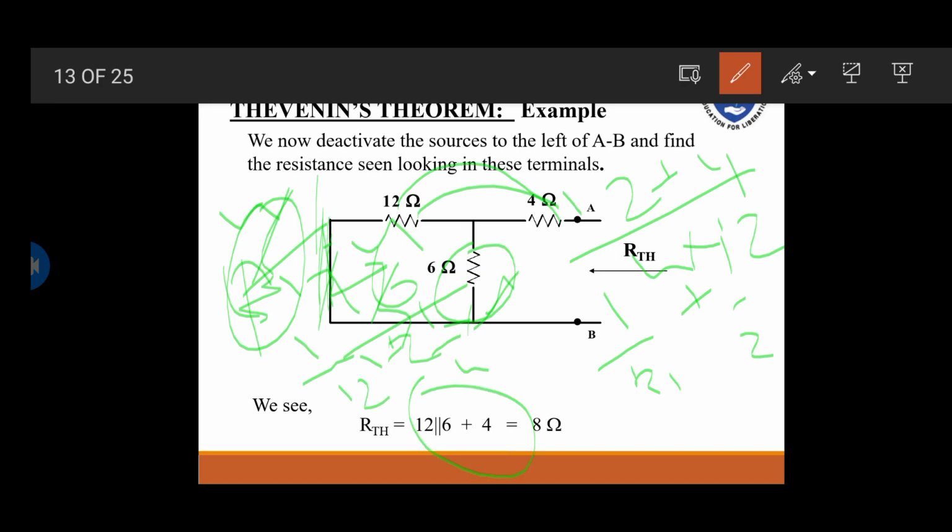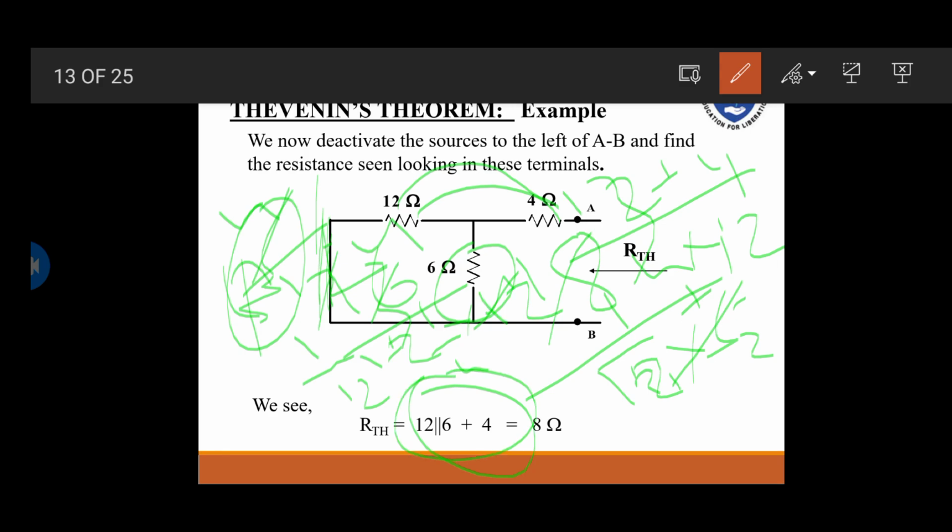This is 18 by 12 into 6, 6 3s is 3 by 12. This is the RTH which we got, 12.